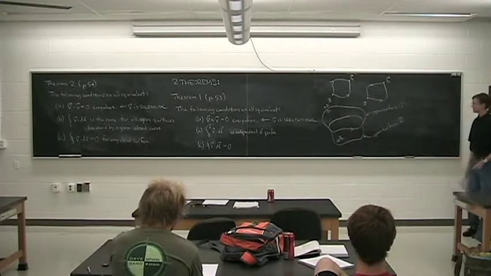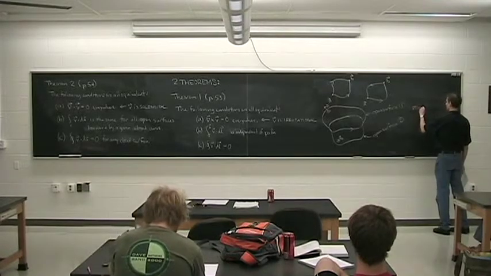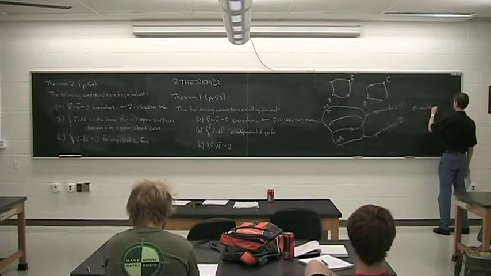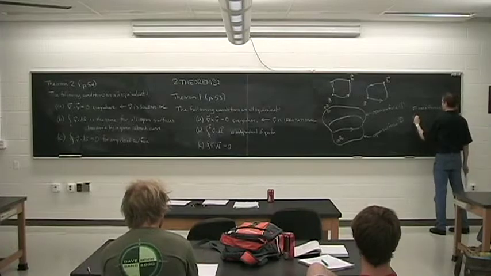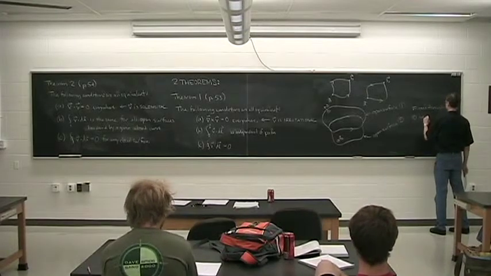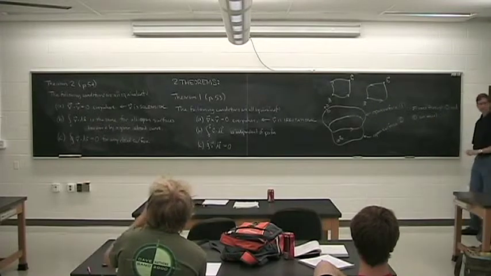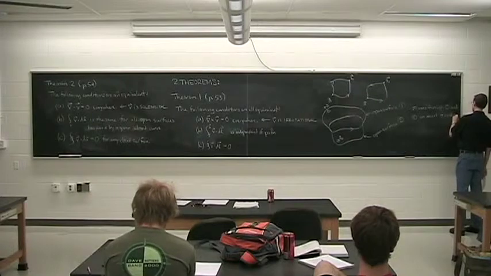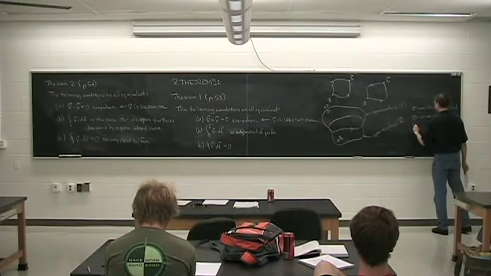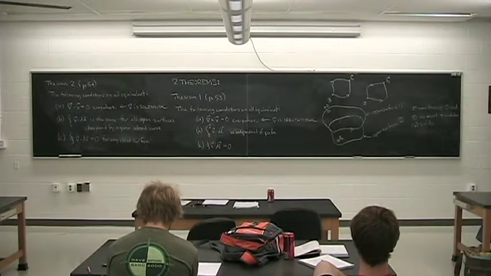Those two fluxes through those surfaces are equal if condition B holds. That's not always true for an arbitrary vector field, but if condition B holds, those two fluxes are equal to one another.